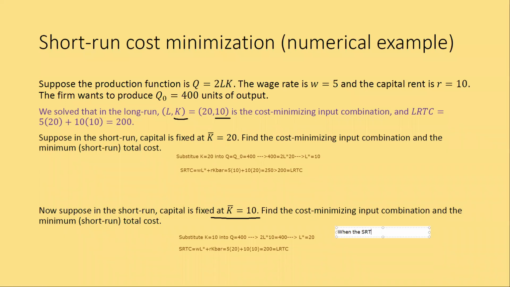So when the short run K bar is fixed at a level that is the same as the long run optimal level of capital, then the short run optimal point will be the same as the long run optimal point.